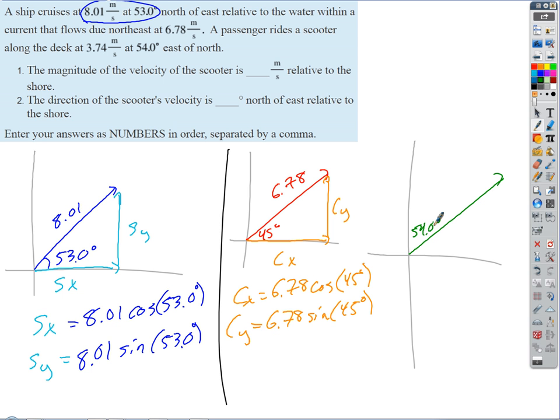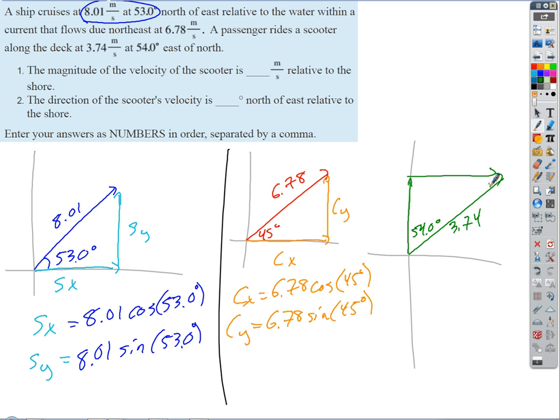54.0. So we got a couple options here. One of them is, okay, so that is 3.74. But using that angle, we would have to use those vectors to be the components, right? Does it matter which way it goes? What do you mean?